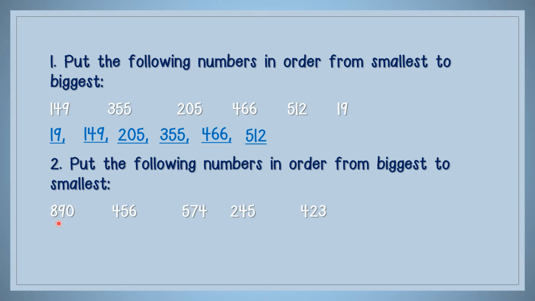Yes, 890. So we're going to start with 890. So 890, what number will come next is 574, 456, 423, and at the beginning we identified our smallest number, which was 245.